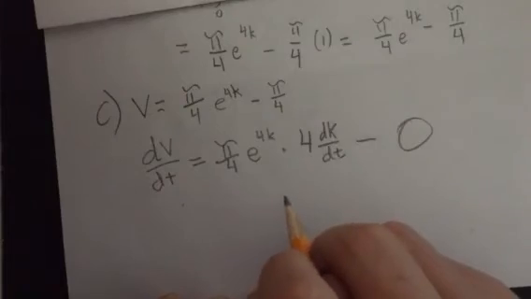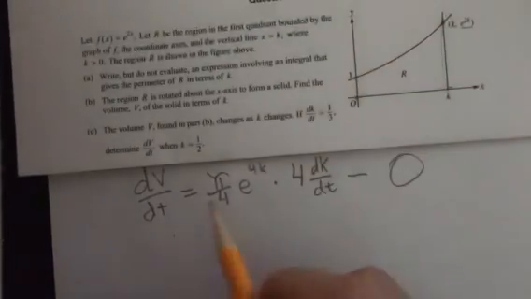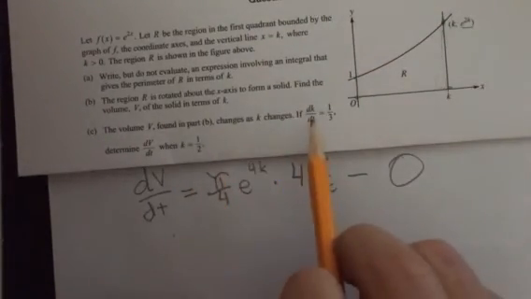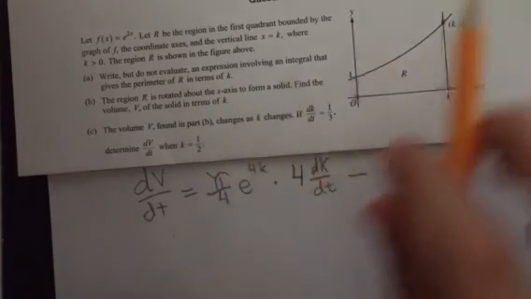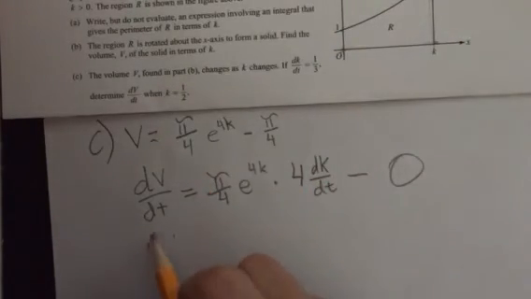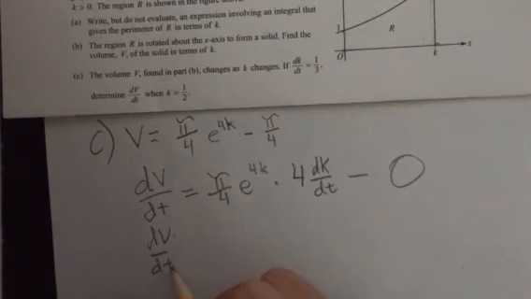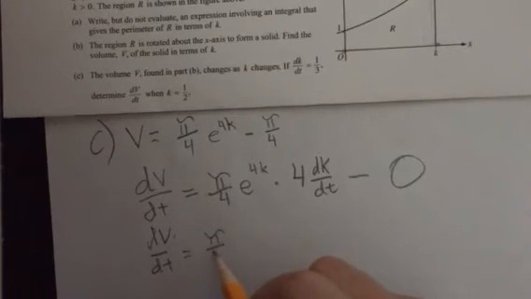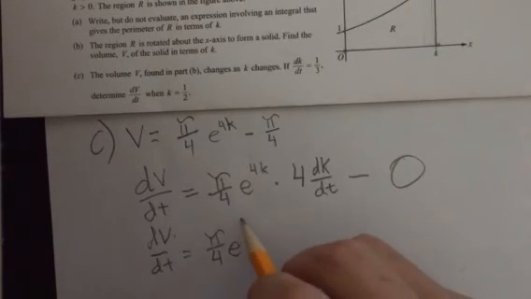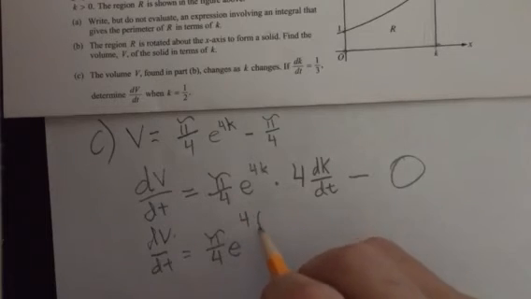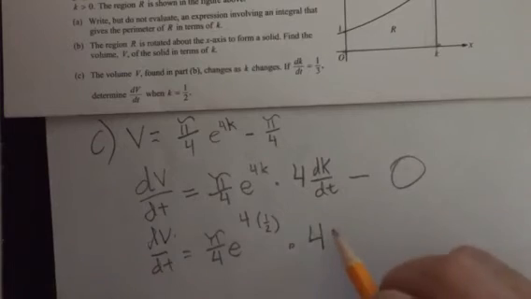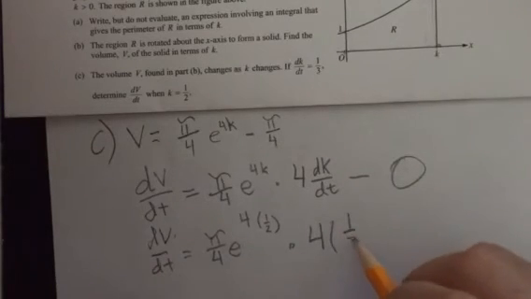And now we are given in the problem statement that dk over dt is 1/3 and k is 1/2. So let's plug that in. dV over dt equals pi over 4 e to the 4 times 1/2 times 4 times 1/3.